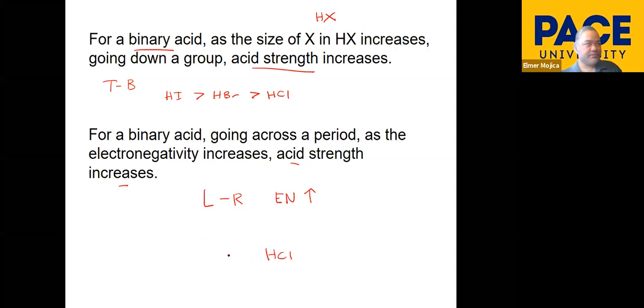Is it H2S? Like in HF, the one beside it, if I'm not mistaken, is H2O, right? Between the two, this is a stronger acid compared to this one. And the explanation they have there is in terms of electronegativity.